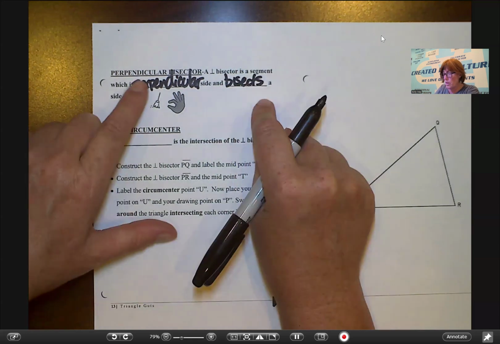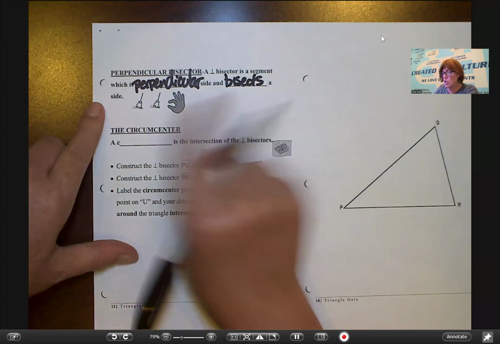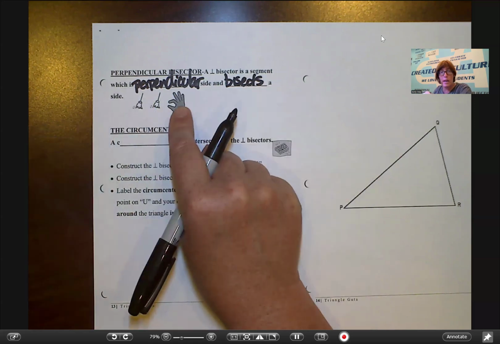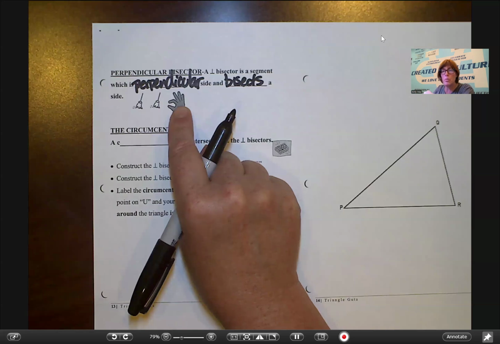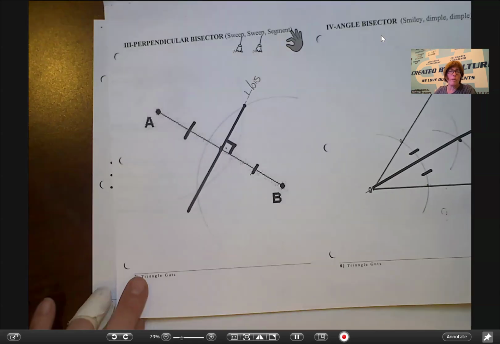It's both perpendicular and bisects. The construction is sweep, sweep, segment. It's the same construction as this one here on page 7. Sweep, sweep, segment.